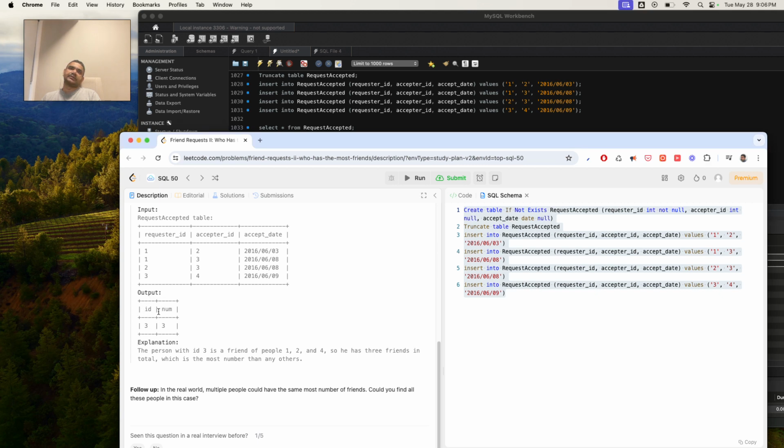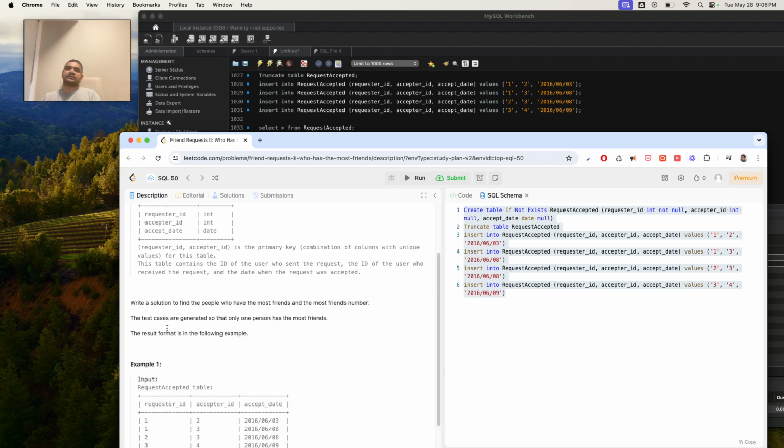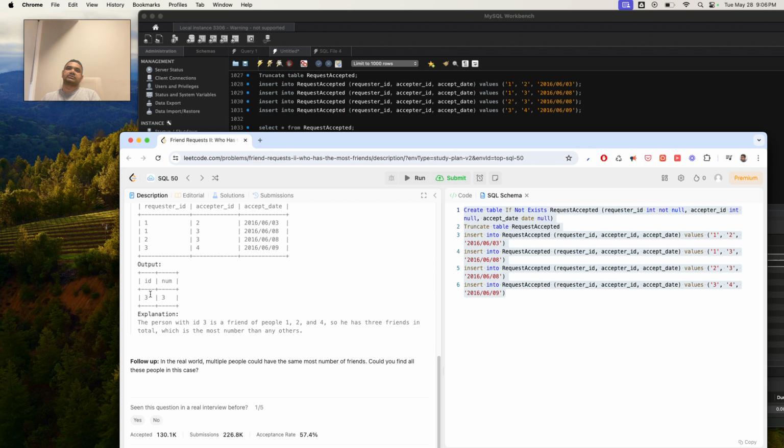We have an ID and we have a number. If you need all of these, like ID 1 with this count and ID 2 with this count, forget about the maximum. What will your approach be? You need to get all IDs, so you need to use a WITH clause.